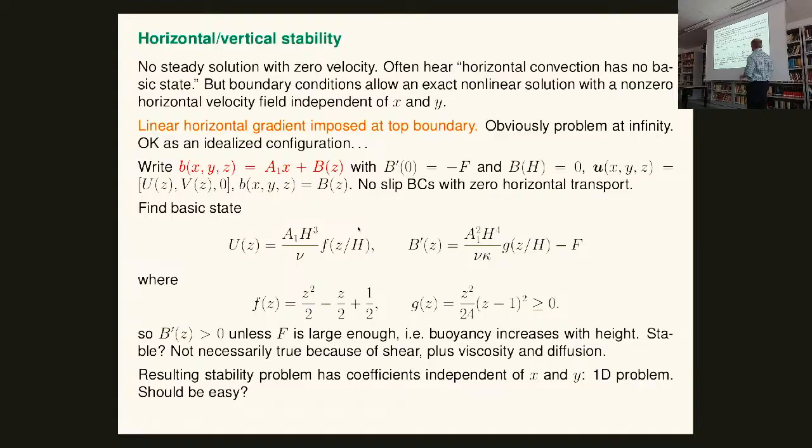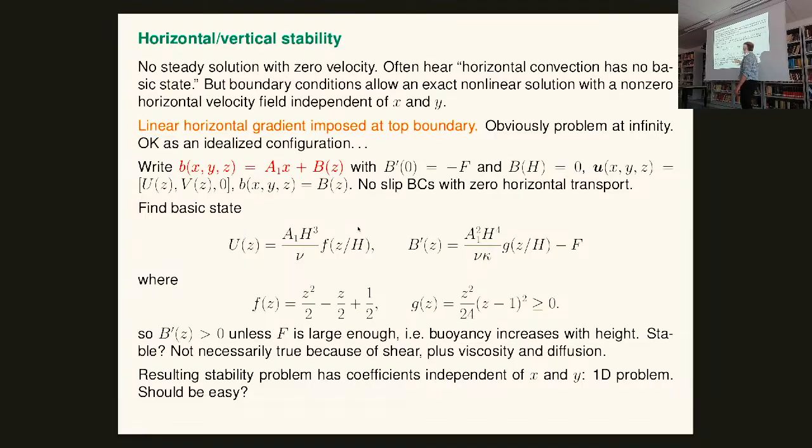And then you say, well, is this stable or not? What's rather interesting is that this function here, G, is always positive with this minus F term. So if this function is always positive, then the buoyancy gradient b prime is always positive. And so buoyancy is going up as I go up. And so you'd imagine that would mean it's always stable.